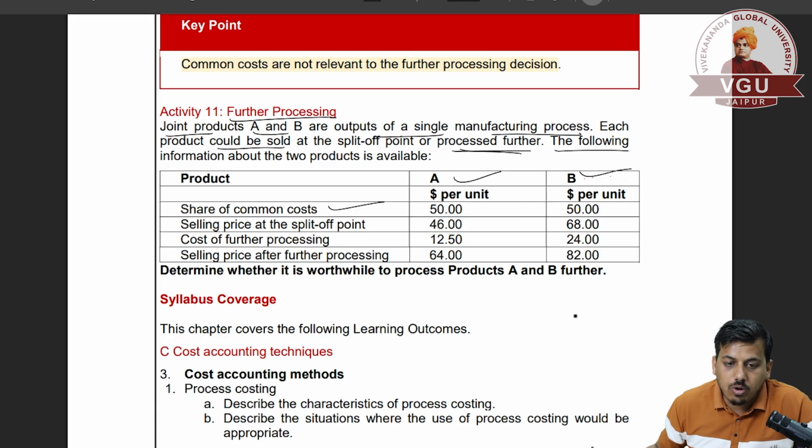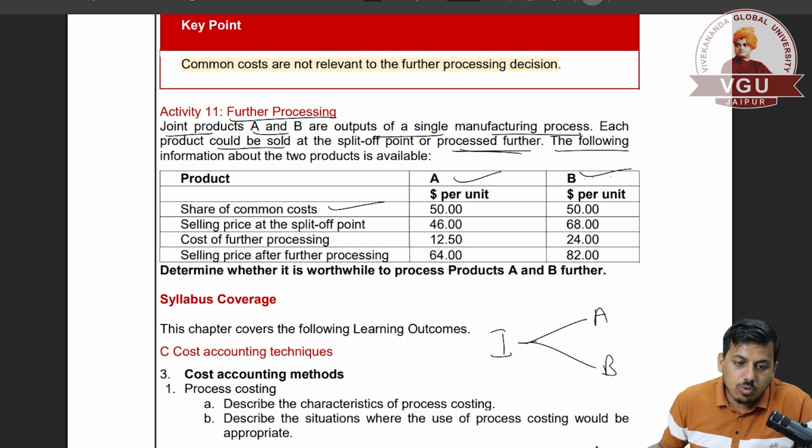Common cost is $50. Suppose from input we are making two products A and B, so the cost is $50. Selling price at the split-off point: product A can be sold at 46 and product B can be sold at 68.